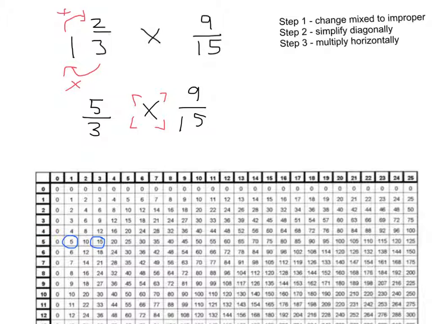So we know definitely that the number 5 goes into both numbers, because you can see that number 5 divided by 5 is 1. So let's write that down. And the number 15 divided by 5 is 3. So we'll write that down as well.